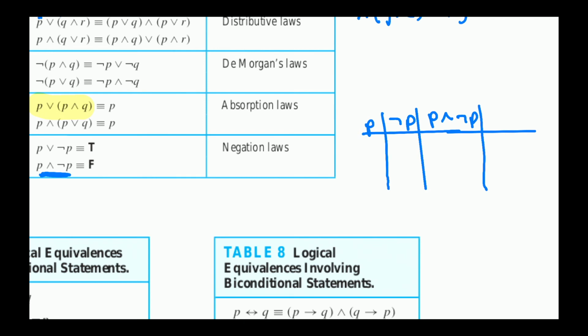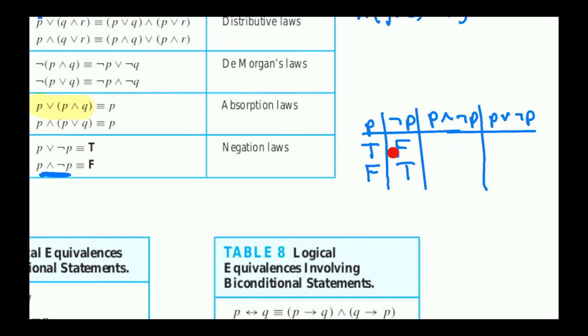Let's do the other one, P or not P. You go, okay, well, true, false. We only need two rows because only P is involved. So not P is false, true. And then if you do an and, in order for an and to be true, you need two truths. But we have true and false. That's false. False and true. Oh, wait. I wrote that wrong.